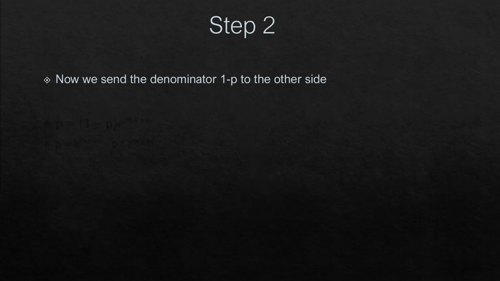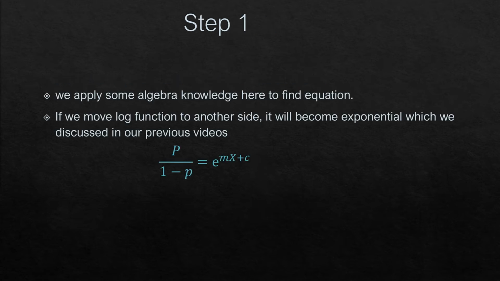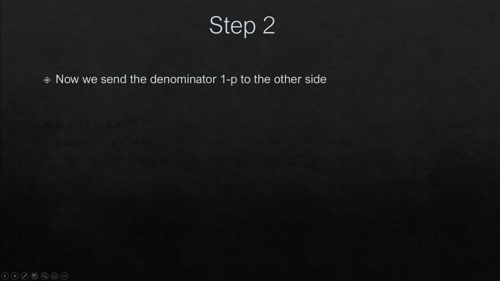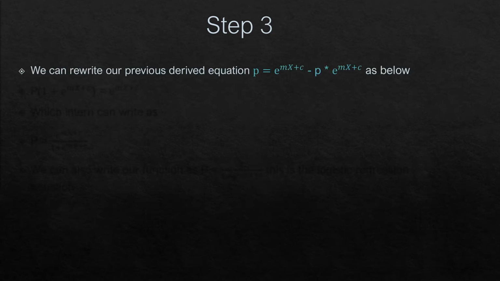Now we'll be sending our denominator, which is this 1 minus p, to the other side. It will become p equal to 1 minus p into e to the power of mx plus c, which in turn we can write as e to the power of mx plus c minus p into e to the power of mx plus c, right?